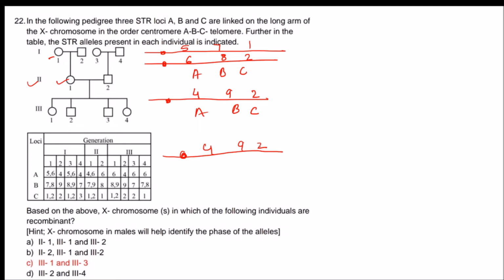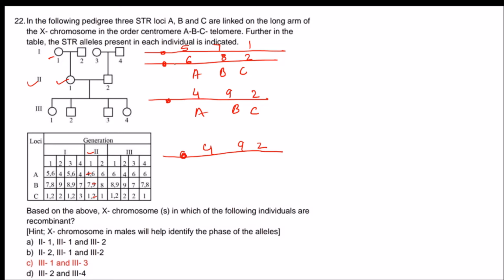Now let us verify it. In the second generation, the first progeny has 4, 9 and 2, and 6, 7, 1 she has inherited from the mother, on this X chromosome from the mother.